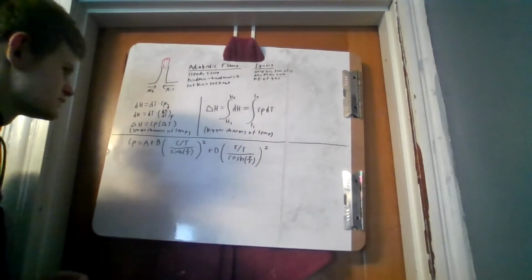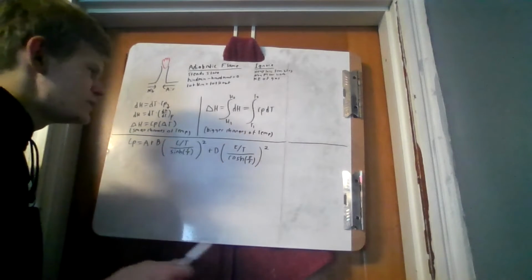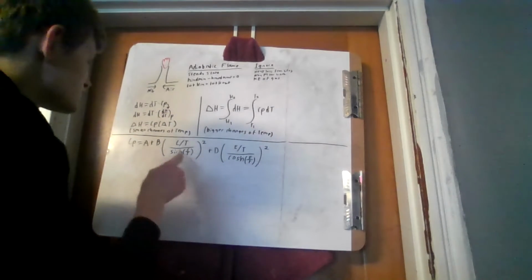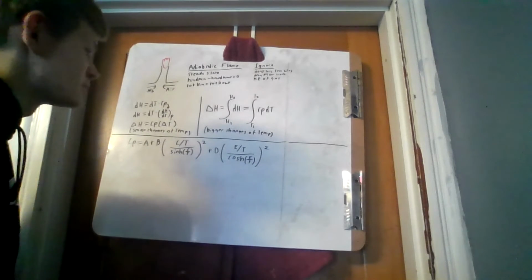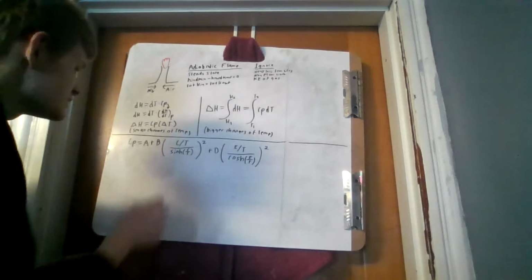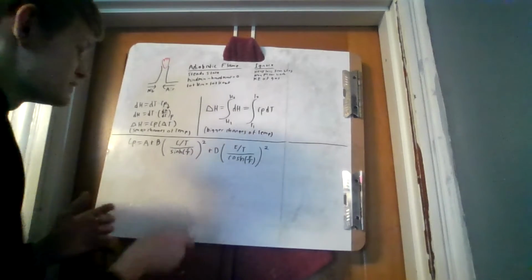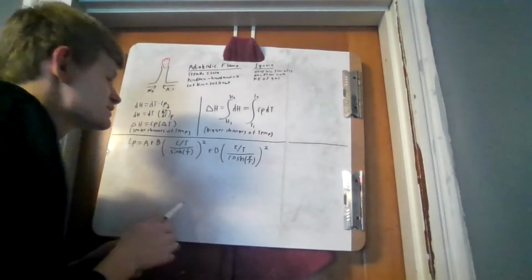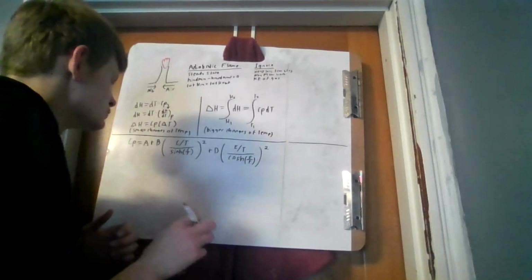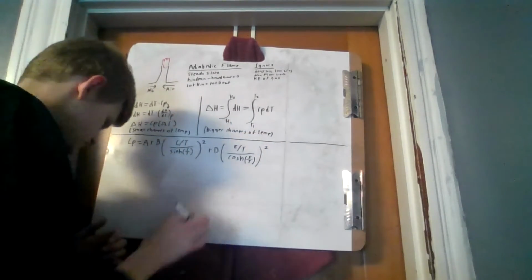However, we need to take the integral of these squared values here. We can take the integral for the rest of the parts, but these two parts of the equation are going to be really difficult to integrate.